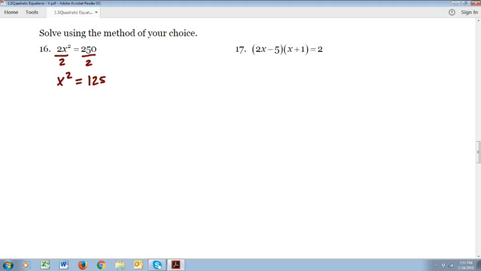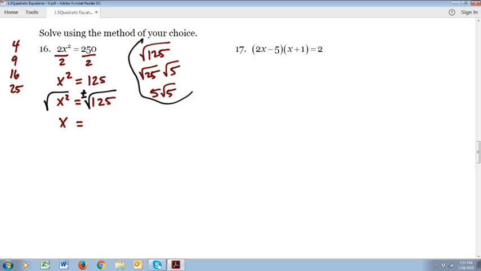Now we can take the square root of both sides. Don't forget your plus or minus. And hopefully you're looking at the square root of 125, and you can see that there's a perfect square factor there. In fact, if you look at the first four perfect squares, 25 is going to be a factor.